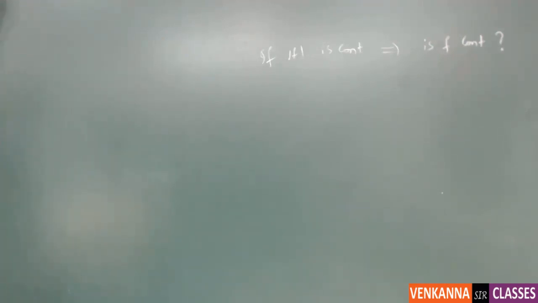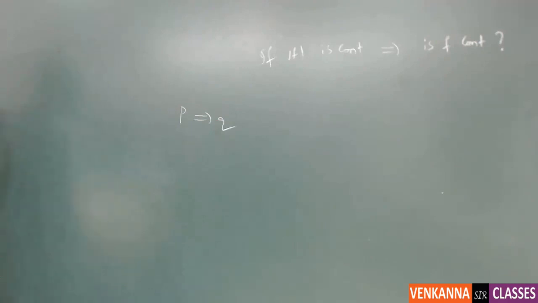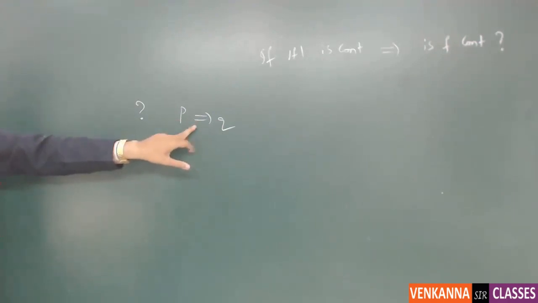And let me say one thing. Whenever you want to say a statement is not correct, what do we usually do? Say P implies Q is my question. If you want to prove that it is not correct, what can you do?